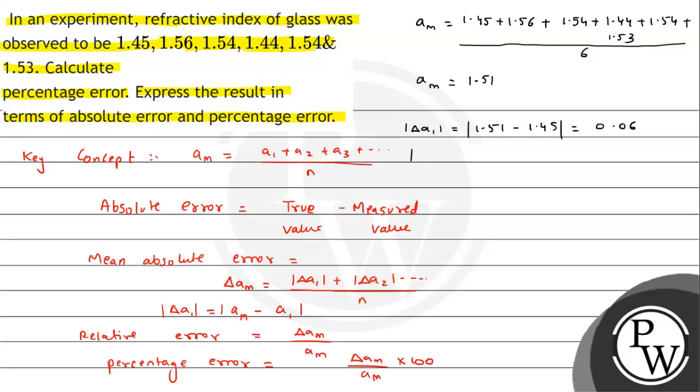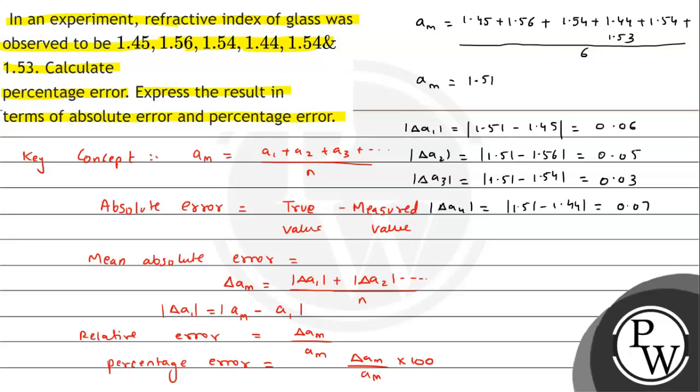So हमें कोई नेगेटिव वैल्यू लेनी नहीं है. a2 को हम क्या लिखेंगे? 1.51 minus 1.56, so this value comes out to be 0.05. यहाँ पे हम सिर्फ पॉजिटिव वैल्यूज ही ले रहे हैं. a3 को हम क्या लिख सकते हैं? 1.51 minus 1.54, so this value comes out to be 0.03. And mod of a4 क्या आएगा हमारे पास? 1.51 minus 1.44, so this value comes out to be 0.07.